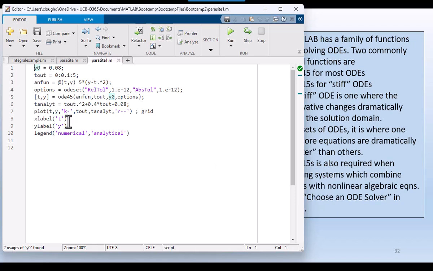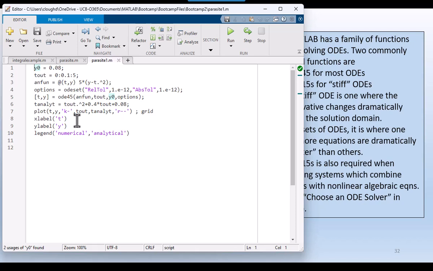So the front end here is exactly the same, but then we create an options variable using the odeset function, where we set two tolerances, relative and absolute, to values of 1 times 10 to the minus 12.